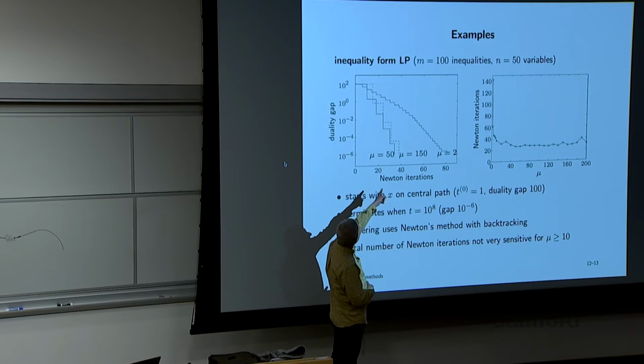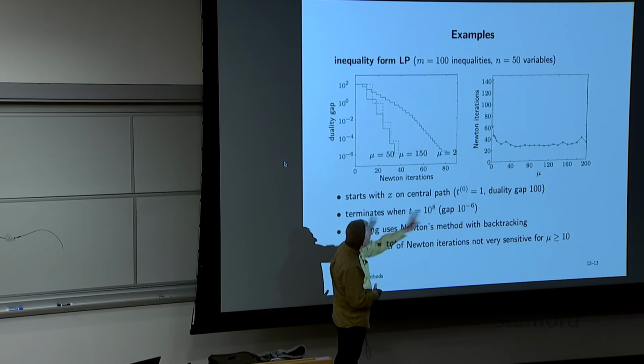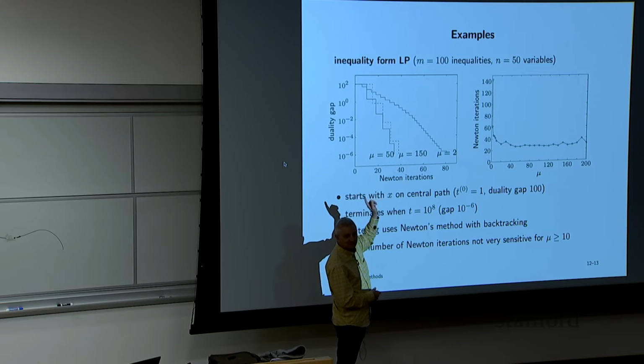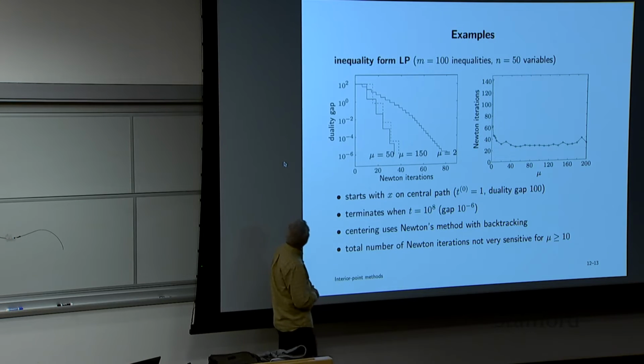This is mu equals 150. So this shows you the number of Newton iterations versus how you choose that parameter mu. And by the way, if you made mu bigger, it would start to go up again. But what you see is something actually, so first, let's talk about how weird this is.